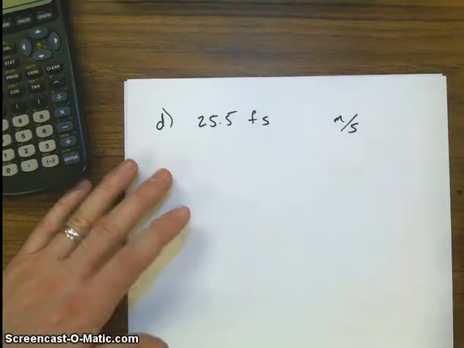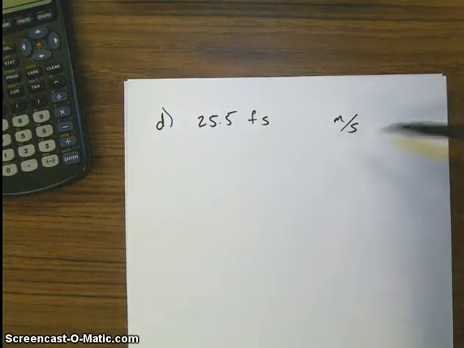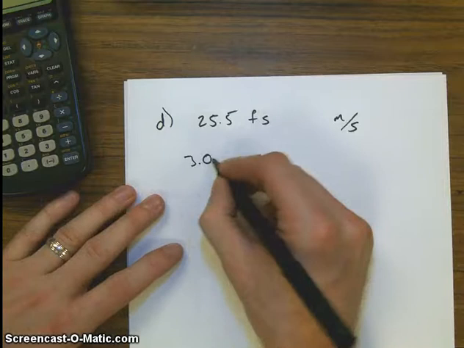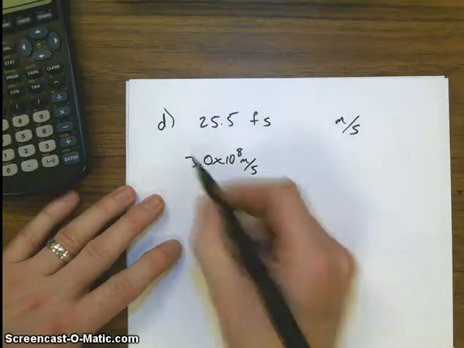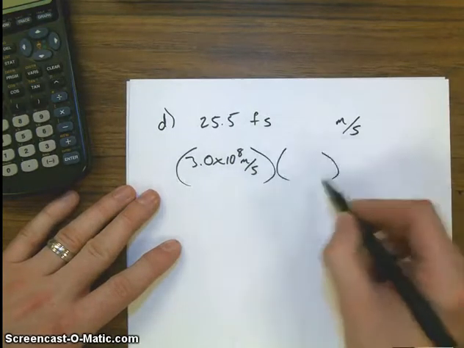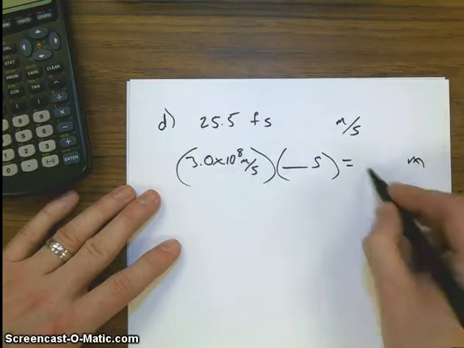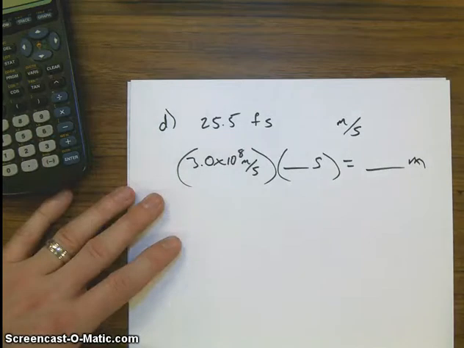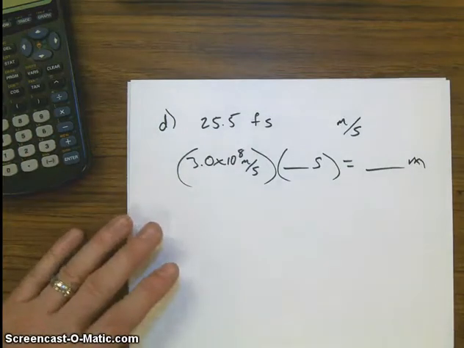That's how fast something travels, and that should be back from your physical science days. Since the speed of light is 3.0 times 10 to the 8th meters per second, if we multiply it by some value in seconds, it's going to tell us how far we travel in meters. There is a formula for it, rate equals distance over time, but I don't need to write that down because you probably remember it from 9th grade.